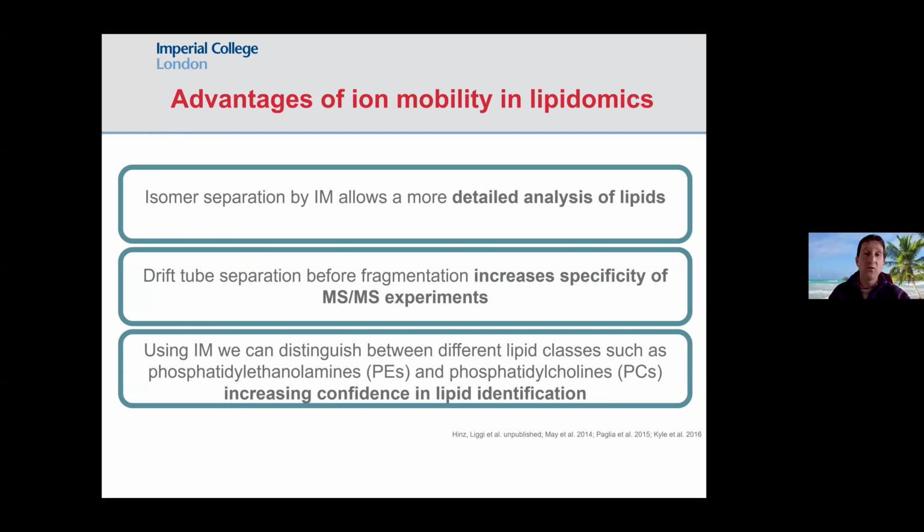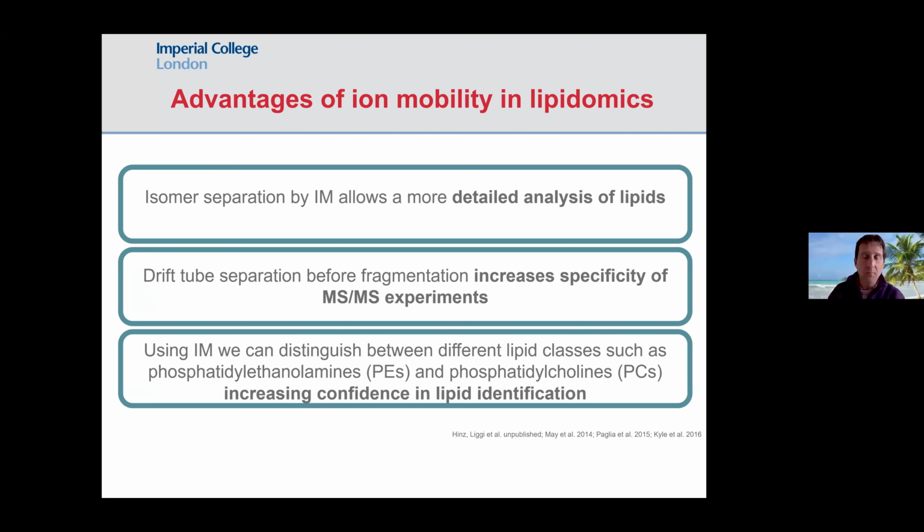We found that to be incredibly useful for assigning small amounts of phosphoethanolamines that are effectively coeluting with phosphatidylcholines. We can separate them out, as I'll show you in a moment, in terms of drift time, and get a much cleaner MS spectrum, which is much easier to interpret.